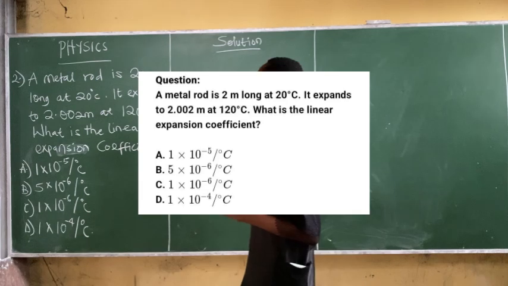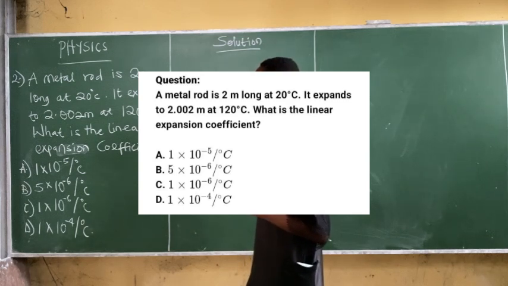Question 2 says, a metal rod is 2 meters long at 20 degrees Celsius. It expands to 2.002 meters at 120 degrees Celsius. What is the linear expansion coefficient?